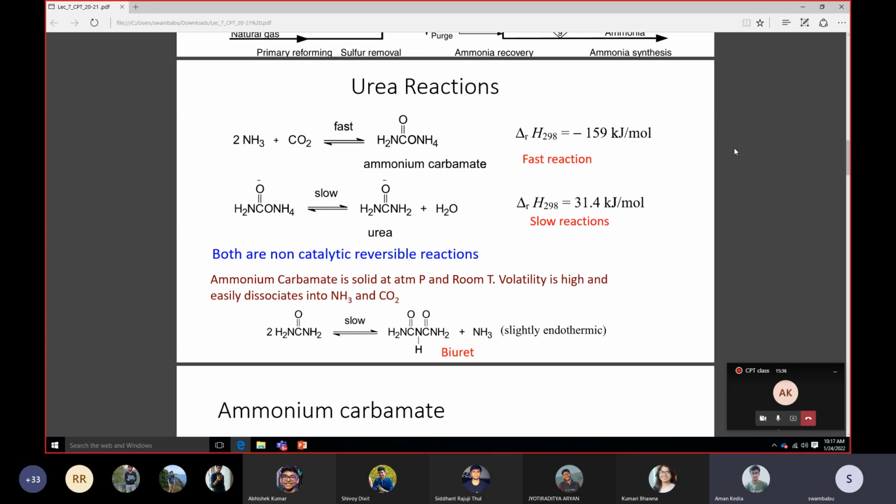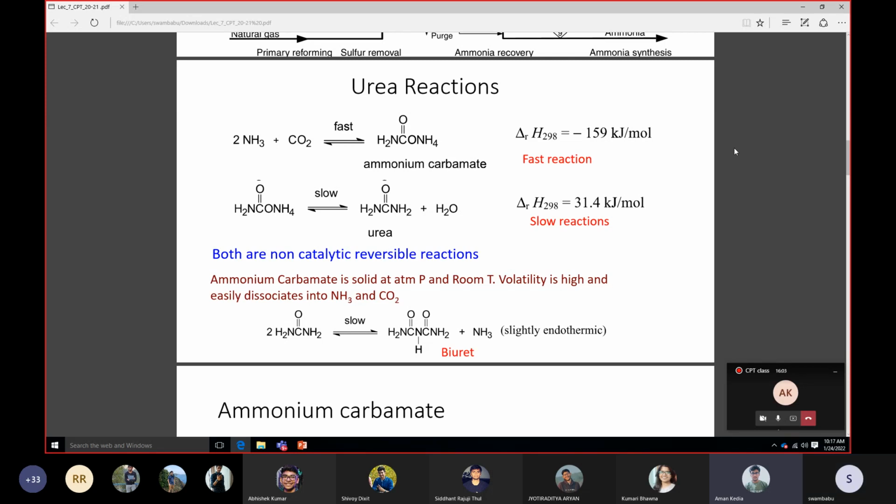If it is not a catalytic reaction, we don't need to go to high temperatures like 500 or 700 Kelvin. Why do we need to run catalytic reactions at high temperature? Any guess from the students? I mentioned it in the last class, but I just want to see whether anyone understood.